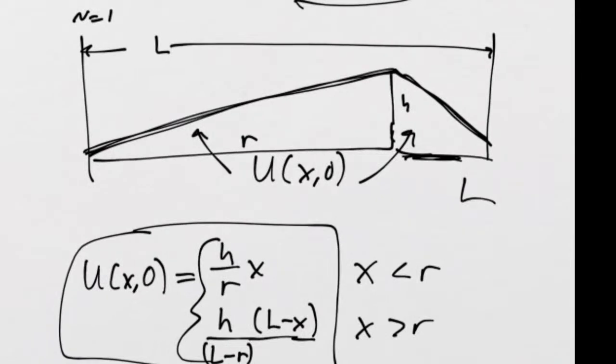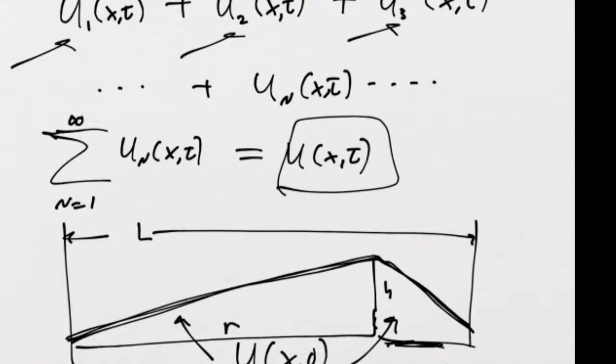So we need it to be that this infinite sum, when I set t equal to 0, has this precise shape. And that is where we introduce the idea of the Fourier sine series.